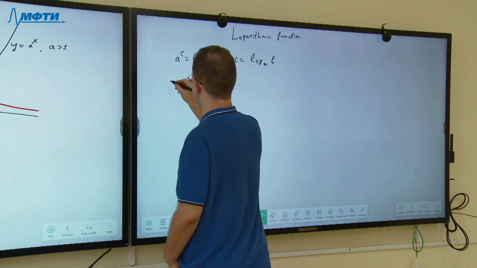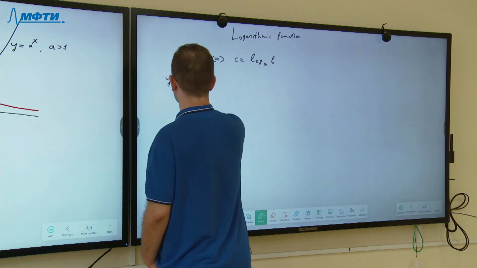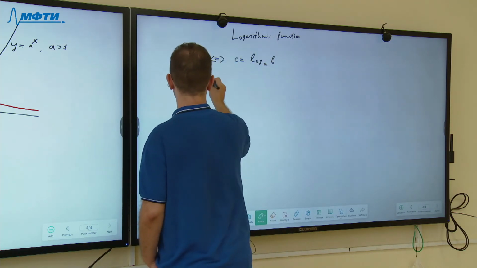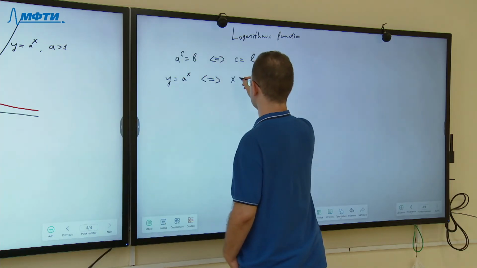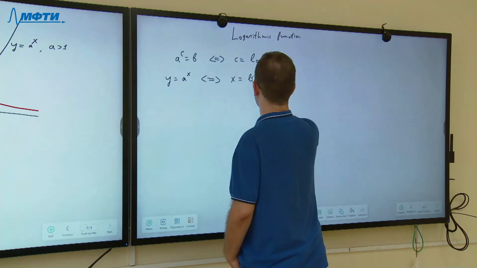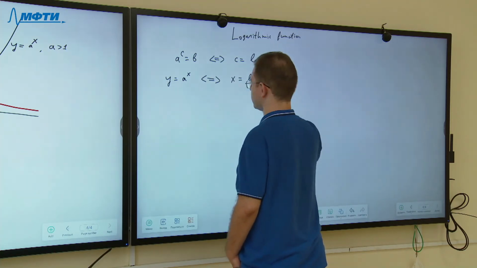So, if we have y equals a power x, we can easily see that the inverse function is x equals log base a of y.